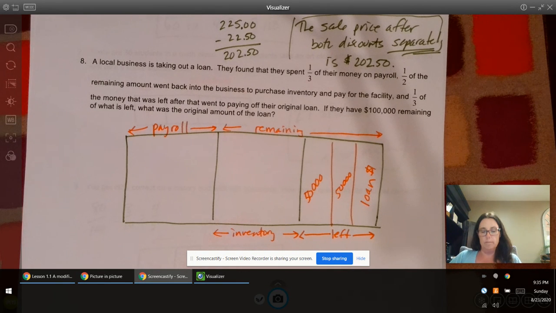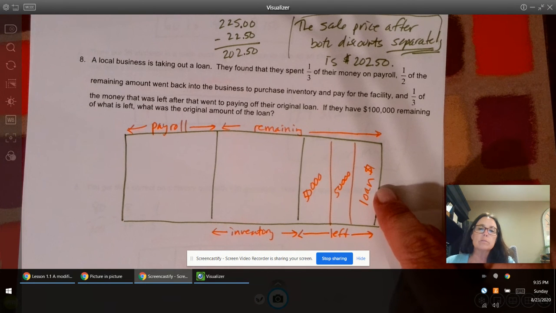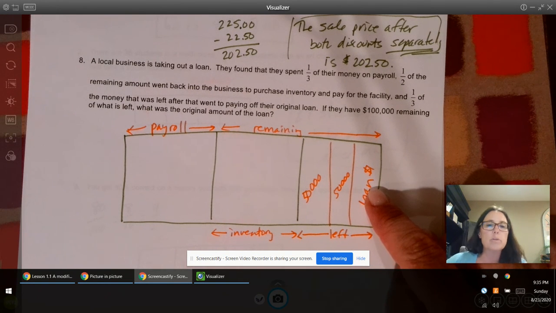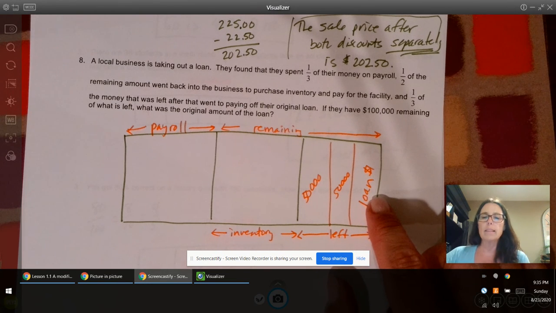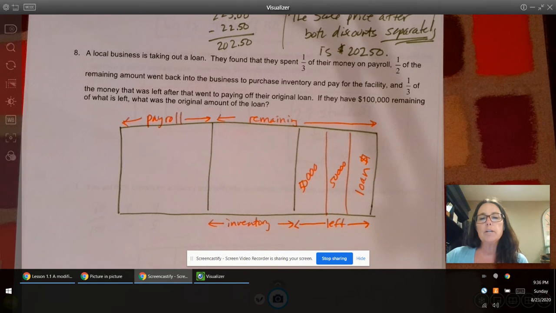Here's my first one. How much went back to the loan from what was left? $50,000, I hope you said. How much money was in the left portion? $150,000.